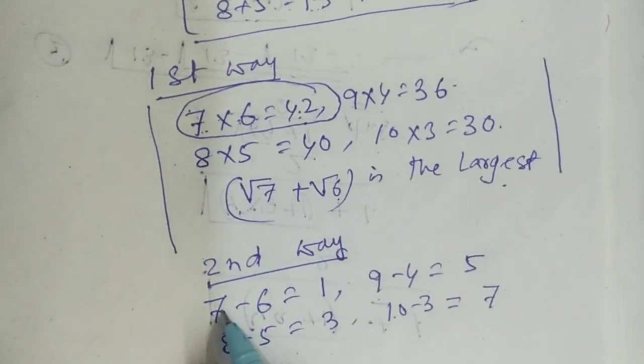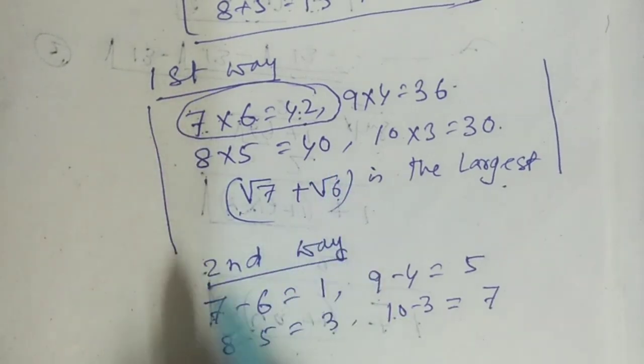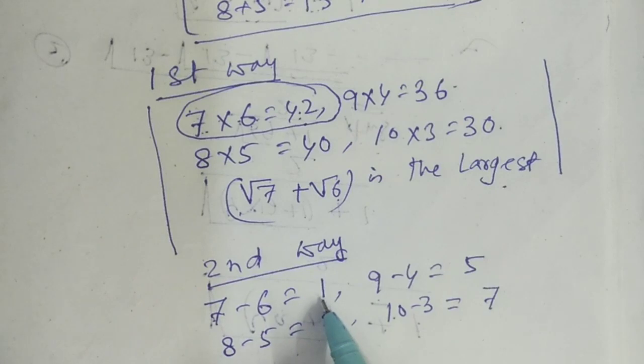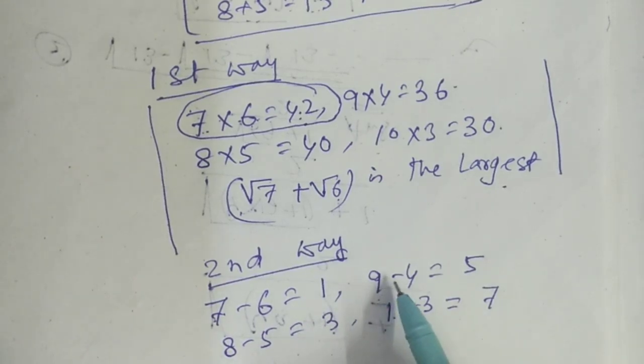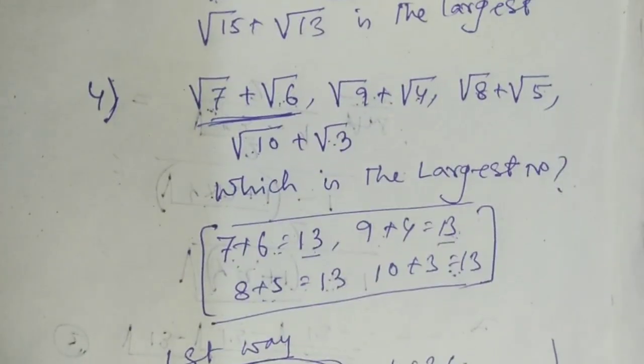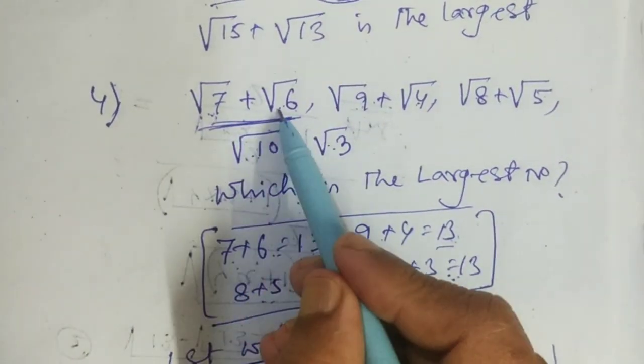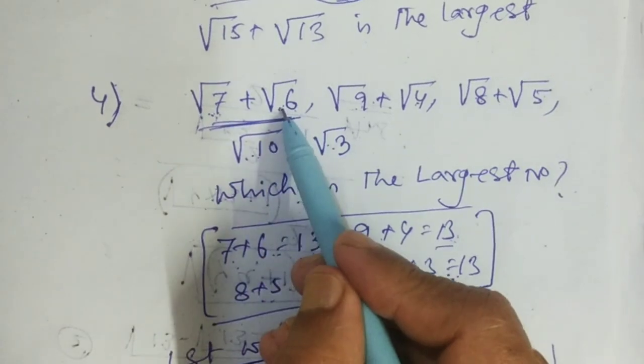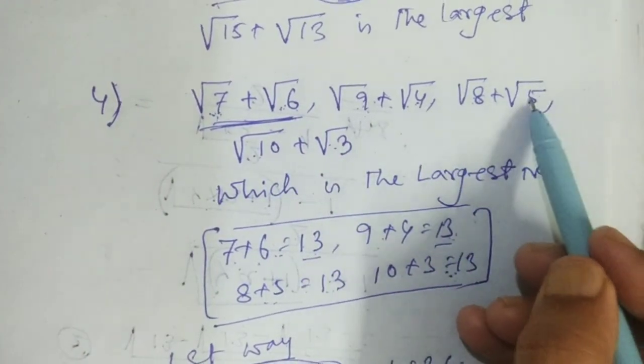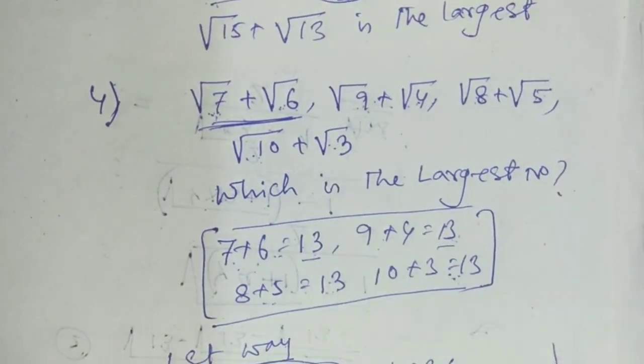Okay. 7 minus 6 means that is root 7 minus root 6. So I have written 7 minus 6 is equal to 1. There was root over 9 plus root over 4, root over 7 plus root over 6. So 7 minus 6, 9 minus 4, 8 minus 5, 10 minus 3.